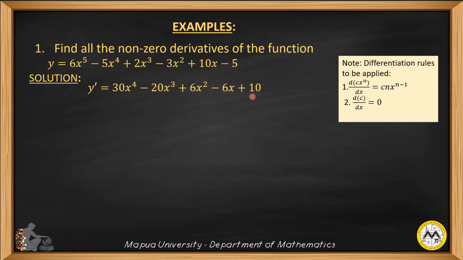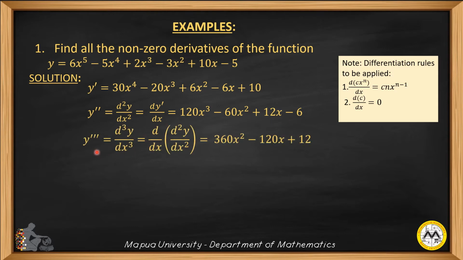Now I hope you are able to follow how we come up with the following terms. y double prime is obtained by differentiating y prime with respect to x. So we differentiate this expression with respect to x to obtain 120x cubed minus 60x squared plus 12x minus 6.